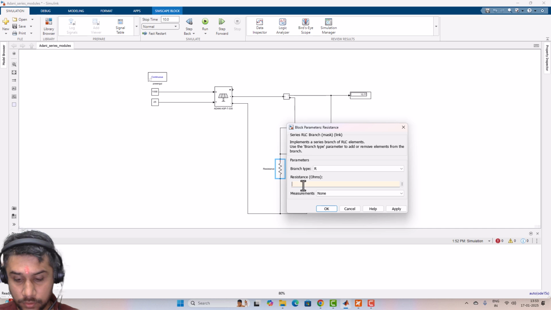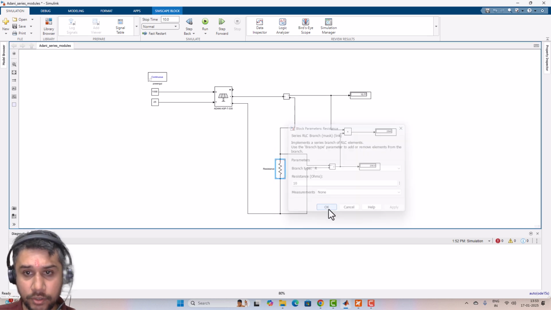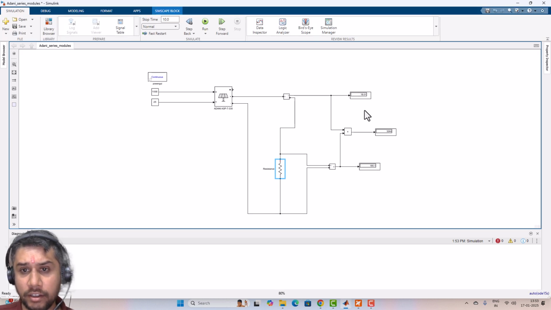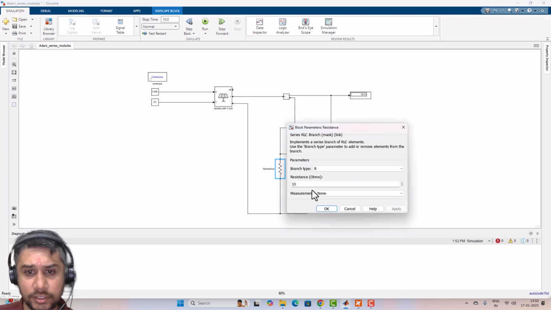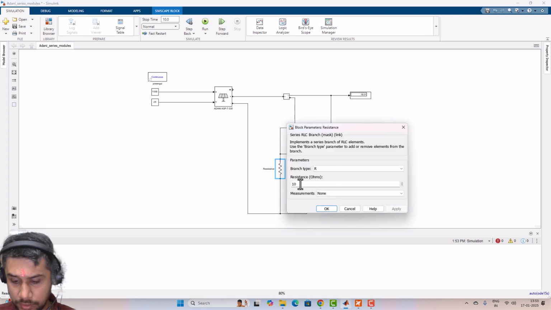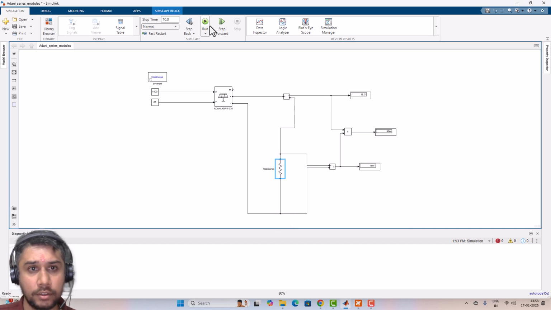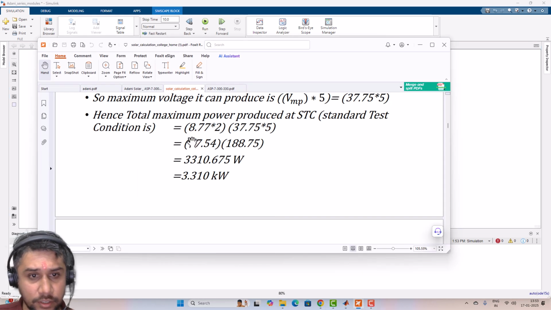So 10. Apply. Okay. Run again. It is giving 18.01. So again increase, 10.5. Apply. Okay. Let me run it again. 185.5 and 17.7, 17.54.